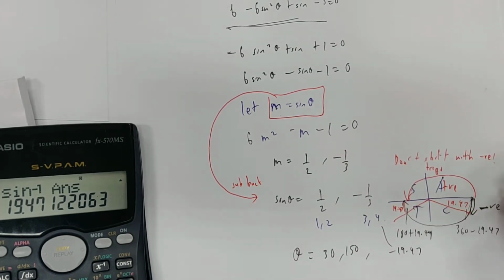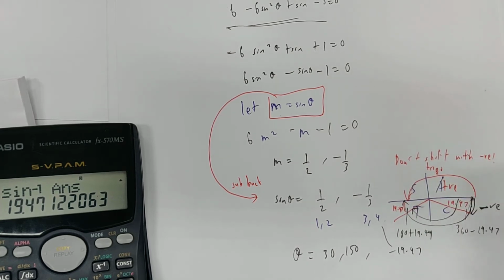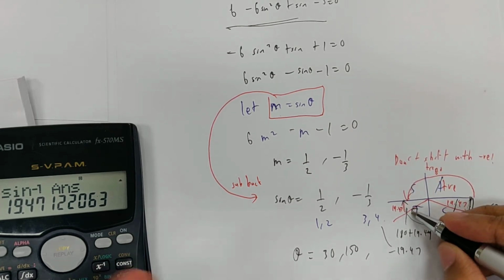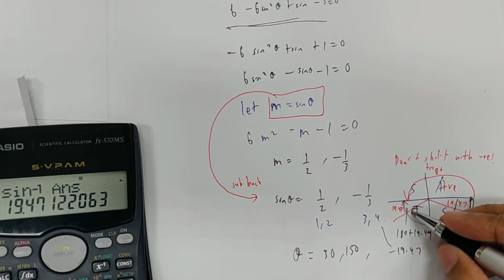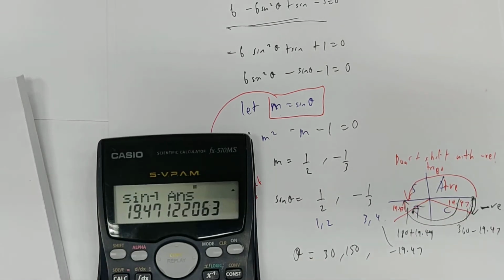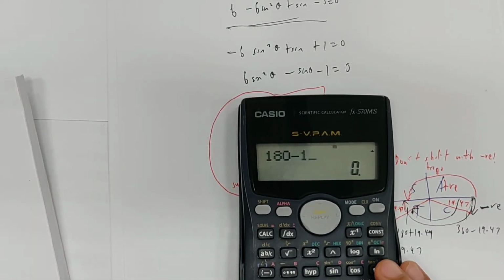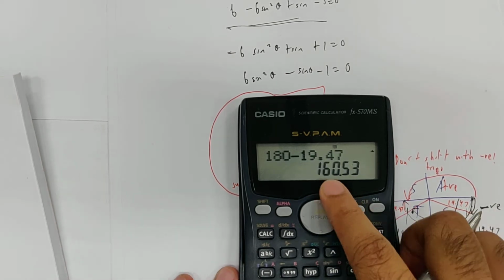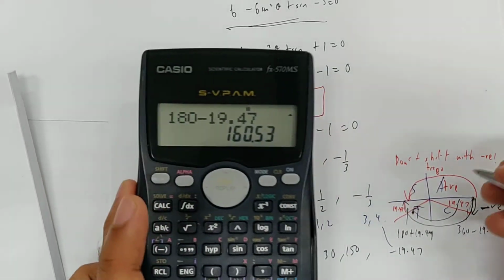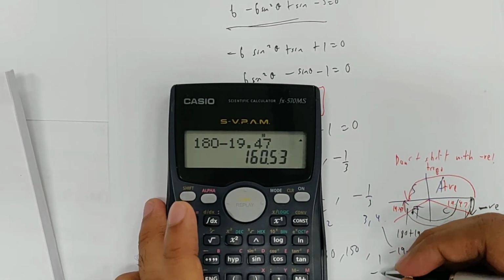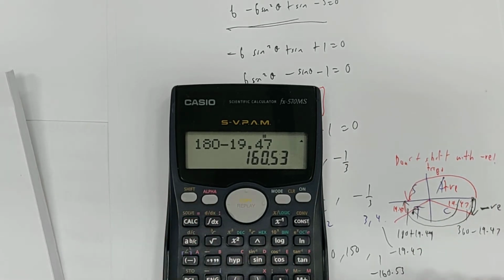Now what about this one here? Well, we can do it multiple ways. 180 minus 19.47, that's one way, giving 160.53. Should I take this one? Just add negative for it: negative 160.53. Now our answer is within the range.